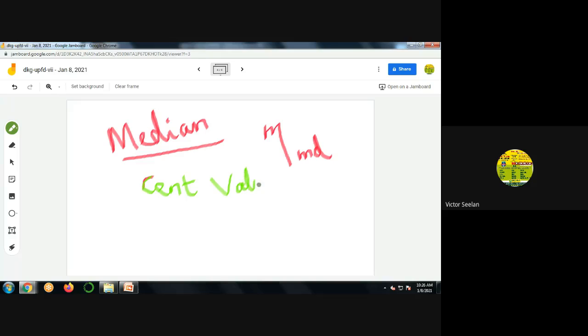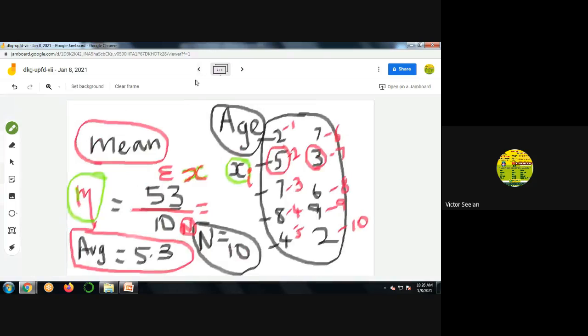Here there are 10 numbers: the first one is 2, the second one is 3, 6, 9, 2.